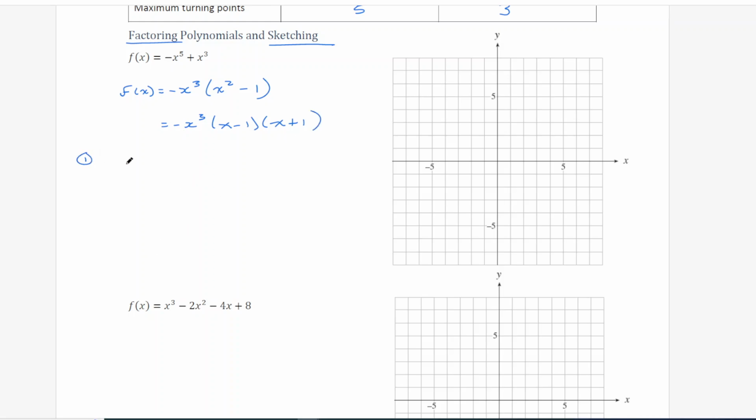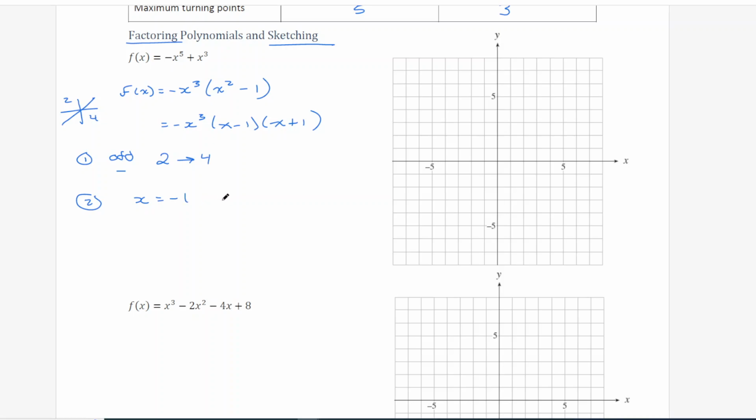So step number 1, I'm going to use my leading term test to determine my end behavior. This is an odd, negative graph, which means that it is going to start in quadrant 2 and end in quadrant 4. I'm picturing that linear function flipped across the y-axis, so it's going to go from 2 to 4. Then I'm going to figure out what my zeros are and what their multiplicities are. So I have an x-intercept at 0, 1, and negative 1, so I'm going to write them in numerical order.